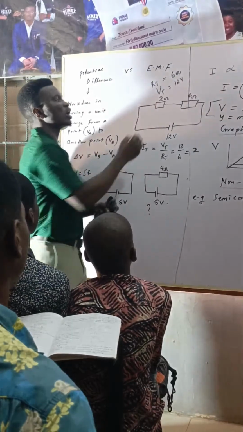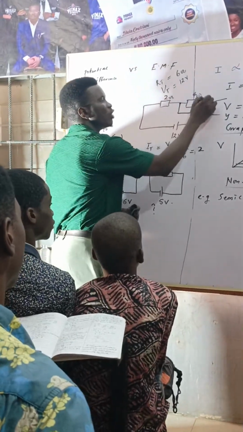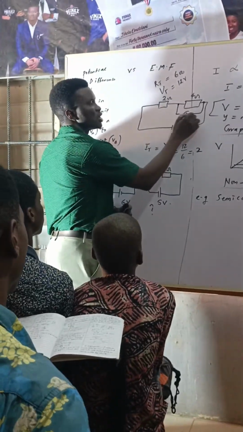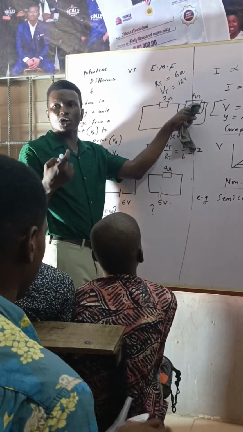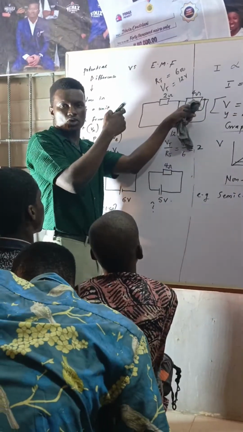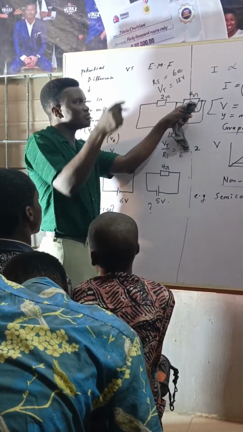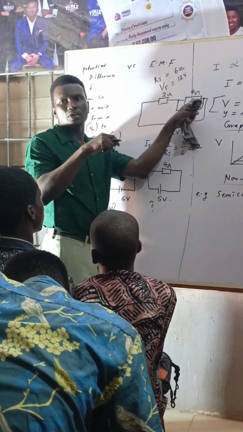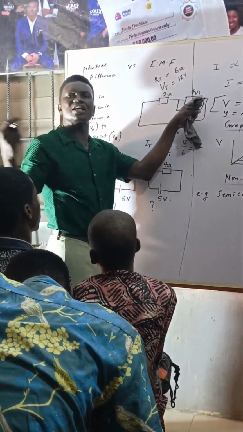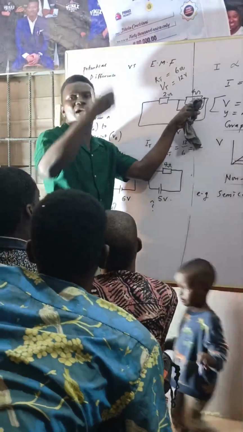But now, what is the work done in 4 ohms? It's not the same as the total. You are going to do greater work across 4. So you can see now, the voltage here will depend on the resistor. If the resistor is higher, then the potential you will supply will also be higher.